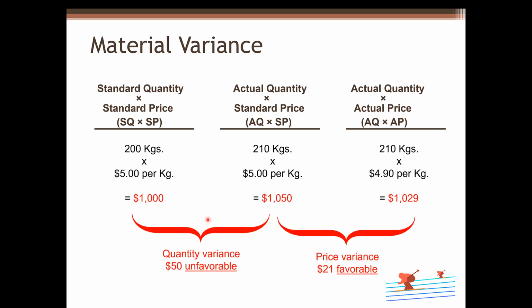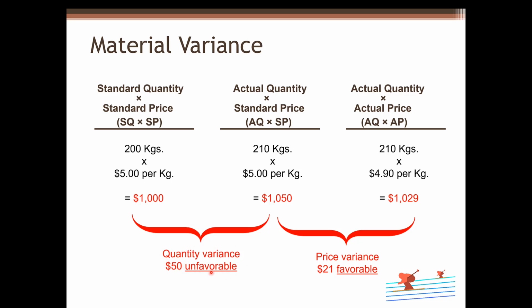Now we can calculate the quantity variance and price variance. The materials quantity variance, defined as the difference between the quantity of materials used in production and the quantity which should have been used according to the standard, is $50 unfavorable.